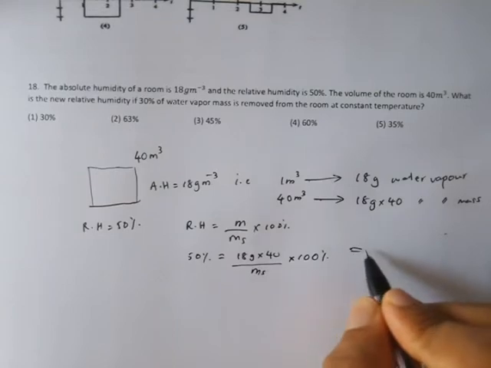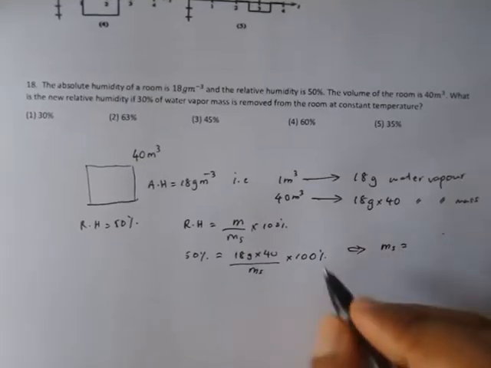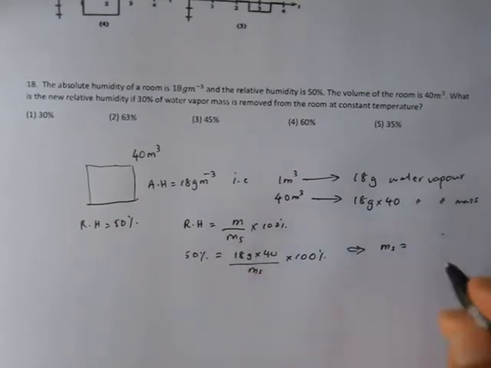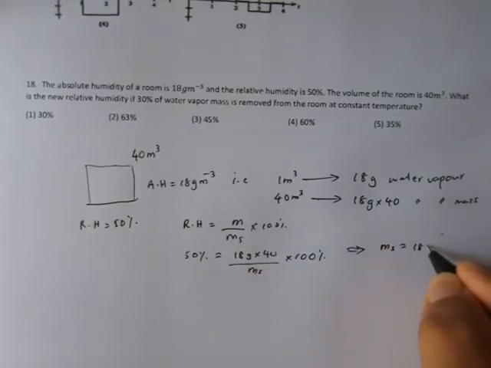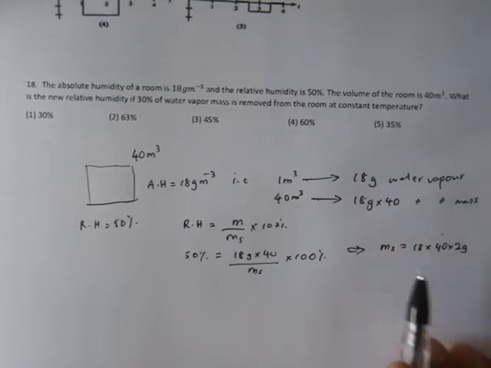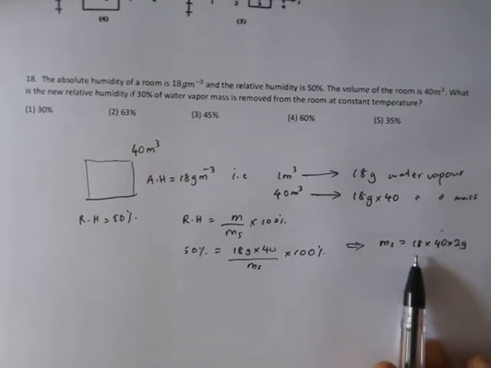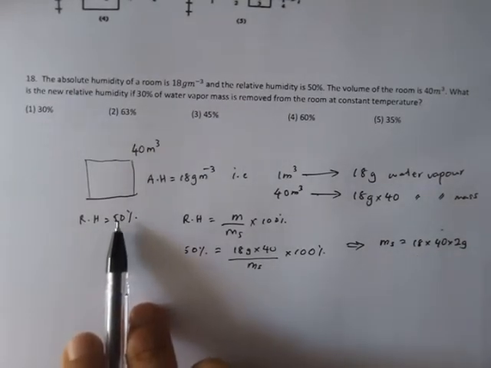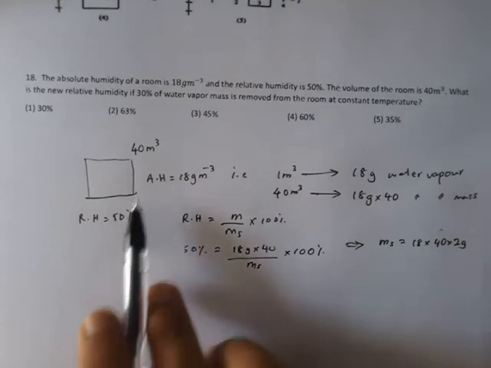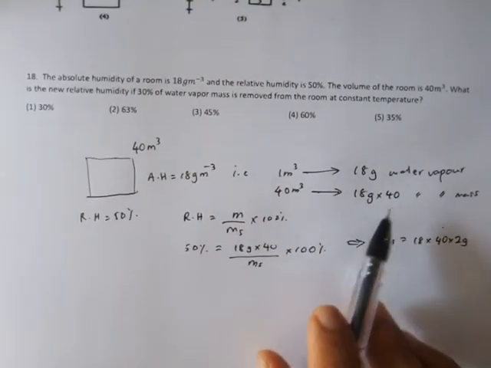So this yields the saturated vapor mass MS equal to 18 into 40 into 2 gram. So that means if the room is saturated, we have to have this much water vapor mass. But the relative humidity is 50%, that means we have only half of this value, that is 18 into 40 grams.